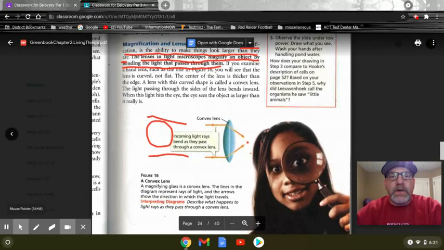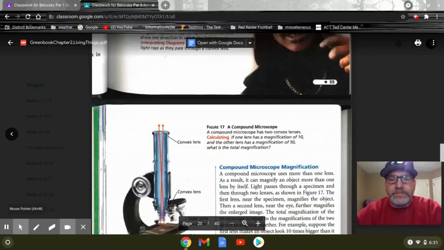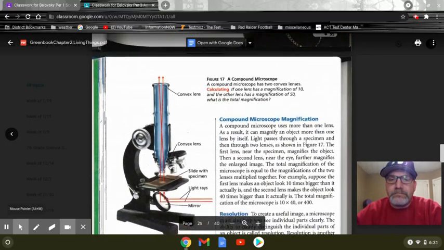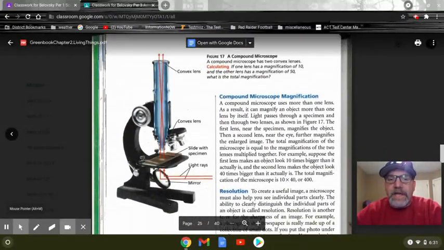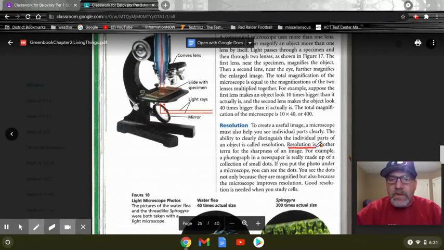Resolution is over here, right down at the bottom of this page. So what is resolution? Right here is the definition: resolution is another term for the sharpness of an image.